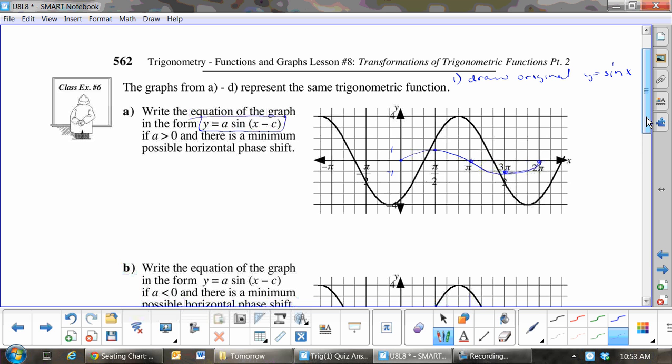Now, number 2, which is the most important part that students struggle with, and if you can't do number 2, you will not get these questions right. Number 2 is establish intervals, or increments, I should say.